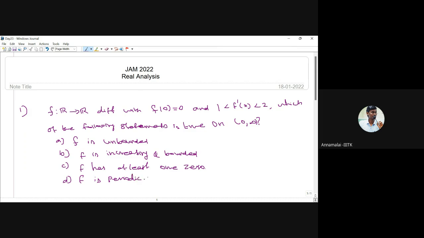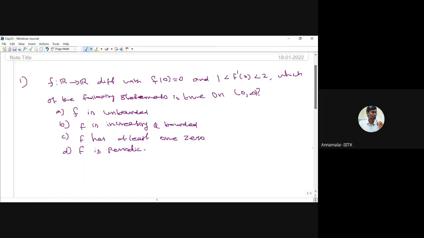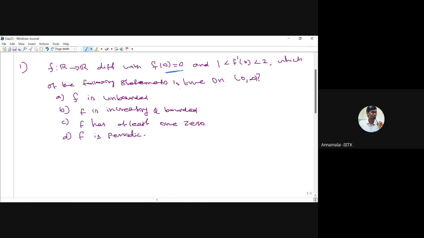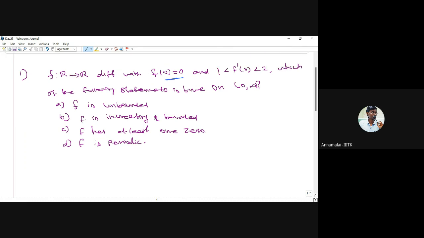So it's given that f of 0 is 0, and it's a differentiable function. We know that every differentiable function is continuous, therefore the function is continuous and it meets 0 at the point 0. The derivative always lies between 1 and 2.